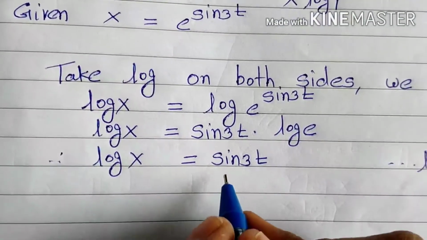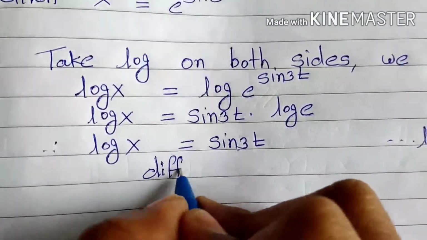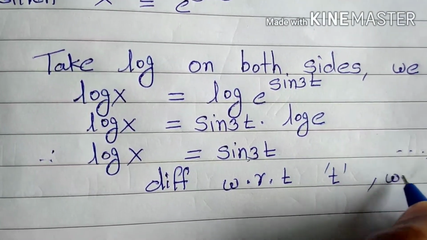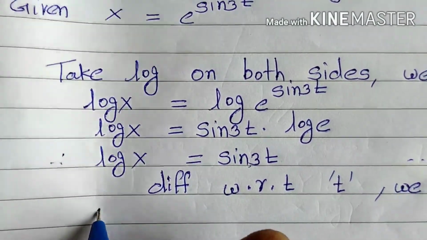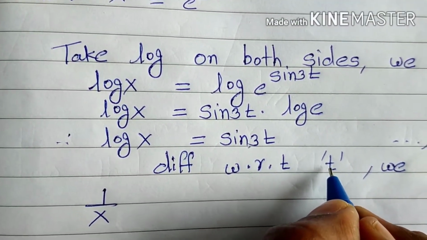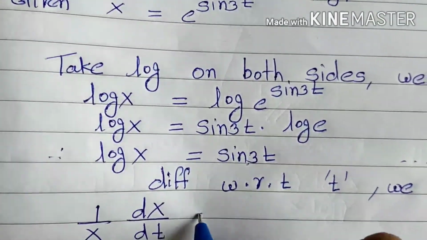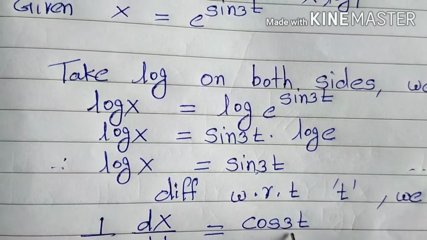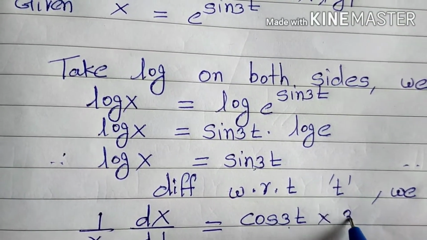Now differentiate with respect to t, because t is the parameter. We get the derivative of log x is 1 upon x, but we take differentiation with respect to t. That's why the differentiation of x is dx upon dt. Differentiation of sin 3t is cos 3t, and differentiation of this 3t is 3, so into 3.